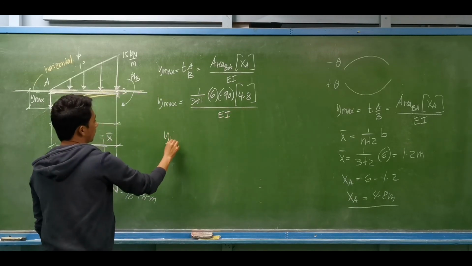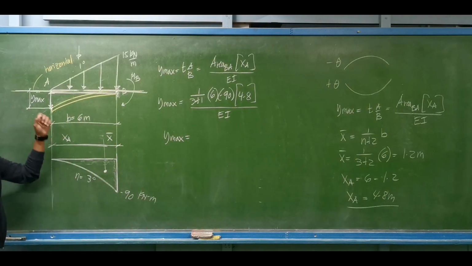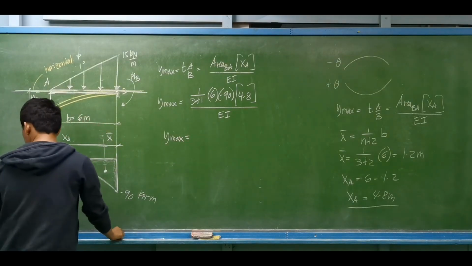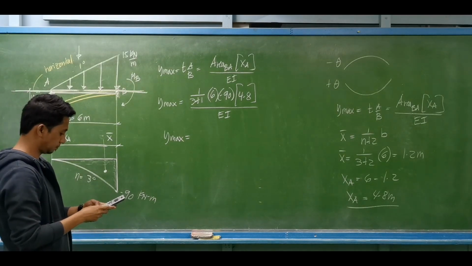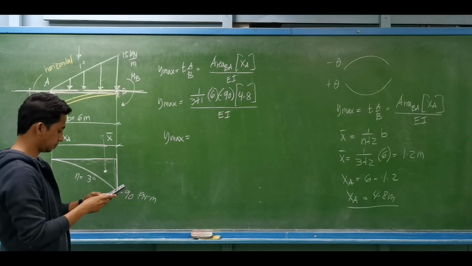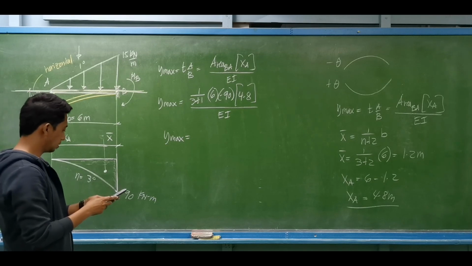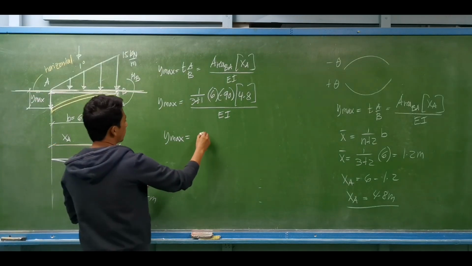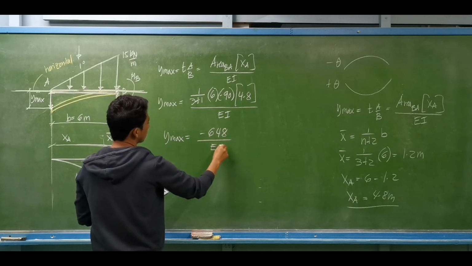So we have the maximum deflection of the beam. Obviously, for a cantilever, the maximum deflection is at the free end. So let's compute that value. It is equal to negative 648 divided by EI.